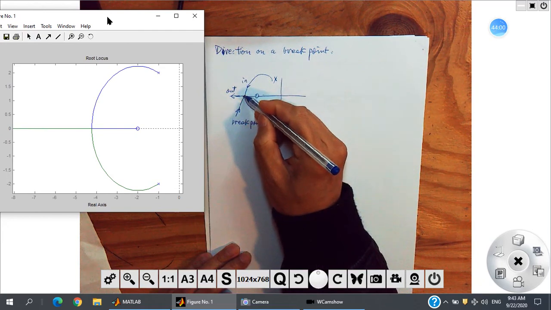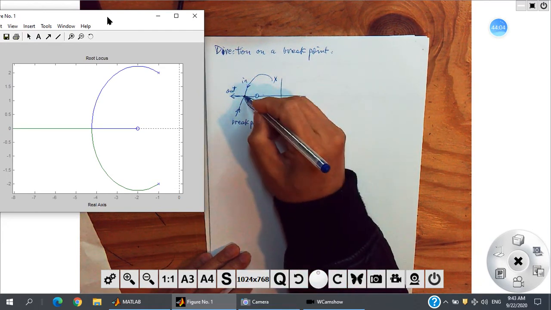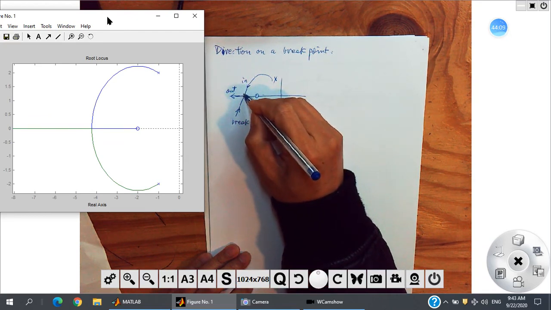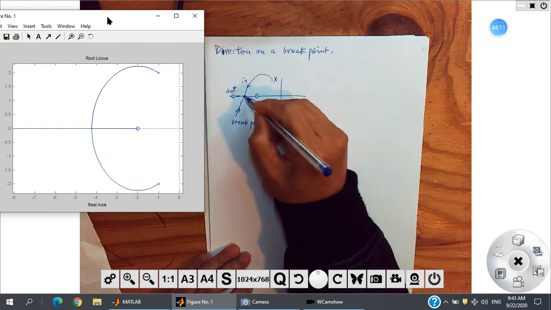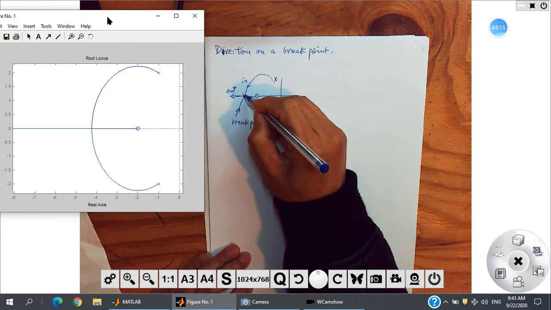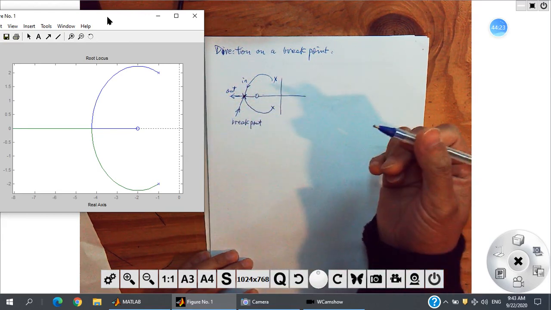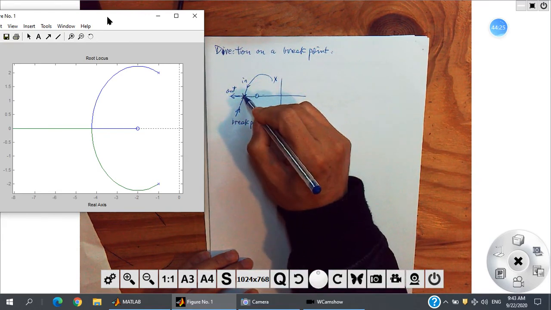Then, okay, you can think like this. You will have some K here, right? For that K, you have 2 poles here. So here it should be a pole with multiple 2. This is a pole with multiple 2, right? For another example, maybe with different multiples, here's a break point.